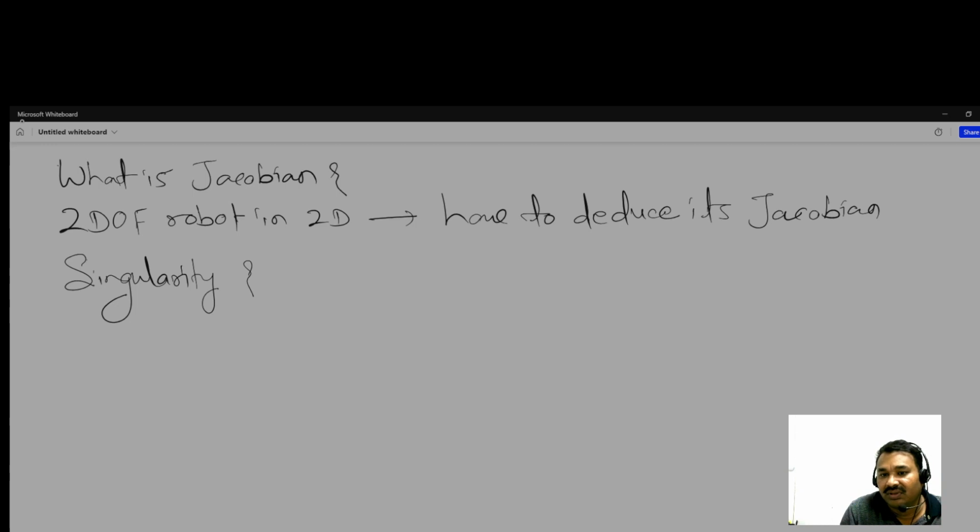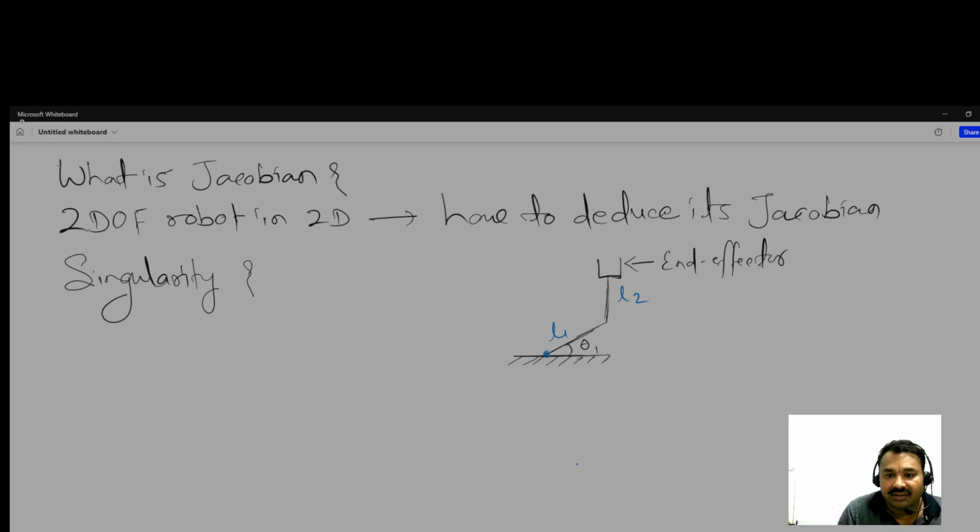Suppose this is a robot inclined with the horizontal axis by theta 1 degrees, then link 2, and this is the end effector, of length L1 and length L2.